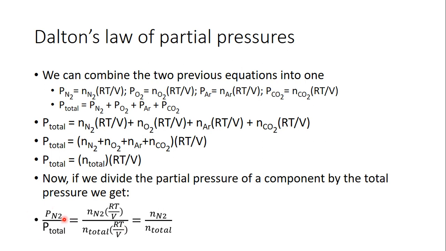So this might all look very confusing, and there's a lot of math and a lot of terms going around. But this is the point I want you to come away with. The partial pressure of a gas is just equal to the number of moles divided by your total moles. And it's all because of the ideal gas law.